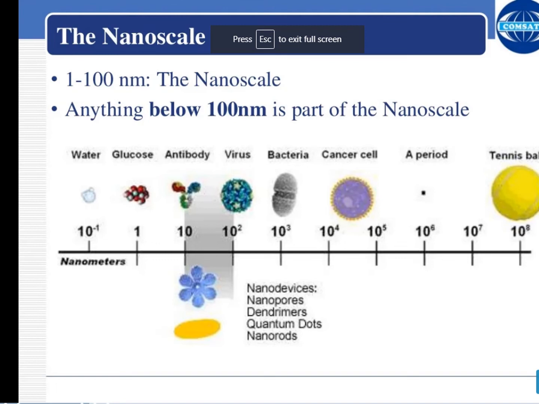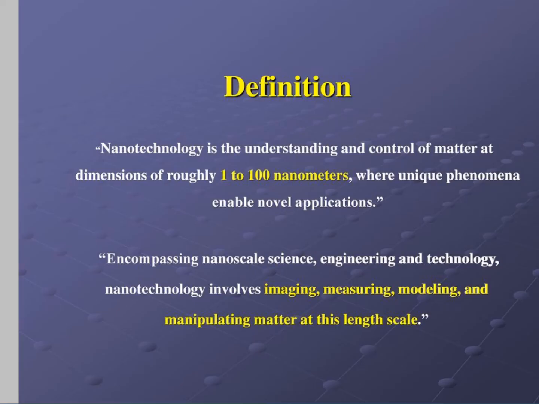Water comes under 10 to the power of minus 1, glucose is plus 1, antibody 10 to the power of plus 1, then virus 2, bacteria 3, cancer cells 10 to the power of 4 to 5, then an ant 10 to the power of 6 and 7, and a tennis ball comes under 10 to the power of 8. So below 1 to 100 nanometers is what we call the nanoscale.